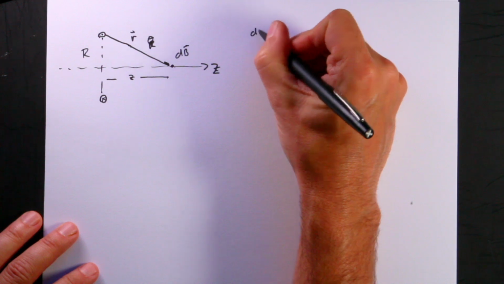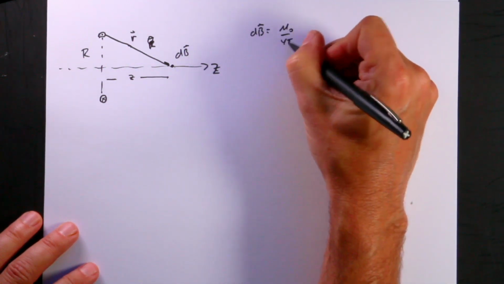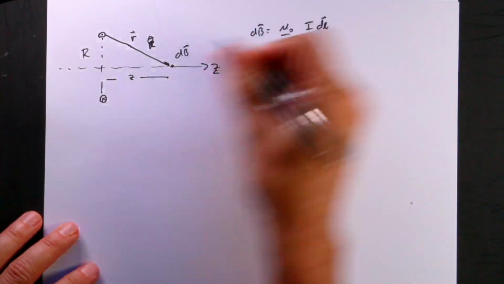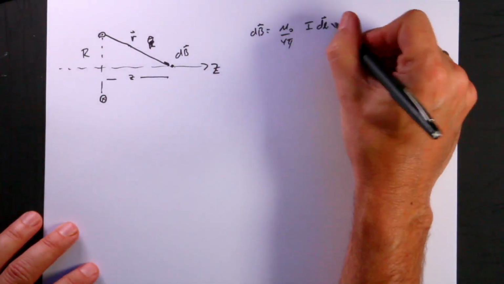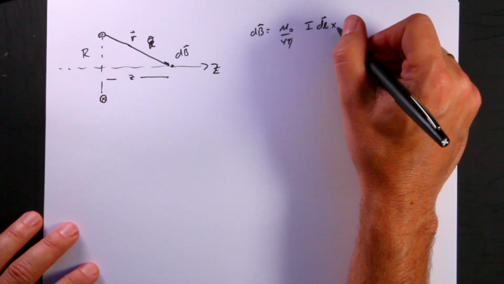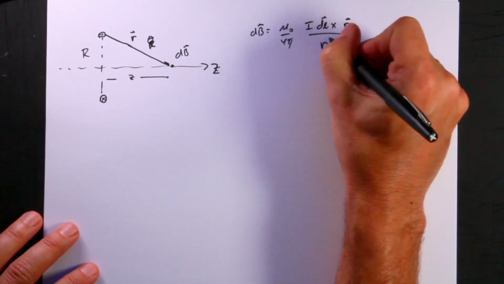So dB vector is going to be mu naught over 4 pi times I dl, where dl is the little piece of the wire right there, cross, in this case, I'm just going to put r. And that's divided by the magnitude of r cubed, right?